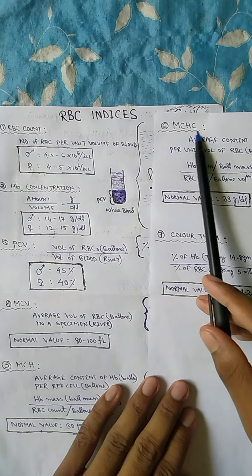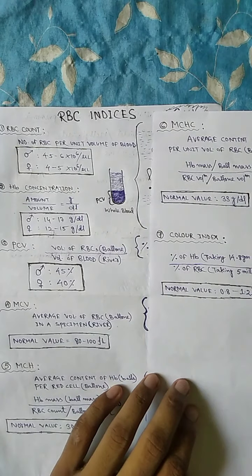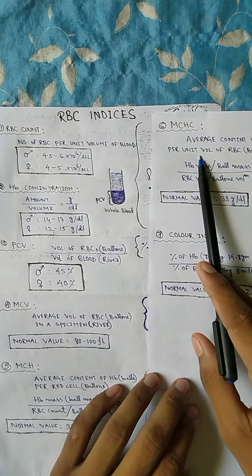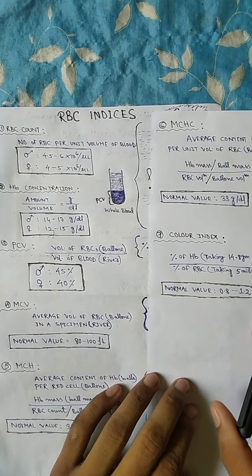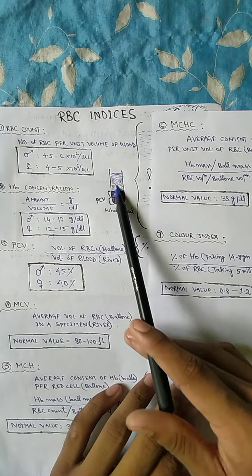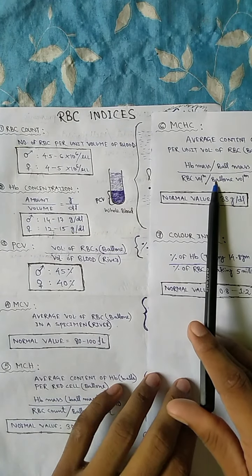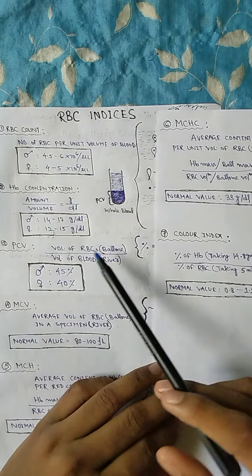We can see that MCHC is more than hemoglobin concentration. This is obvious, because the volume of blood for MCHC is less, that is 45% of whole blood, while for hemoglobin concentration the volume is the whole blood. So since there is less volume, the amount per volume is more, 33 gram per dl.